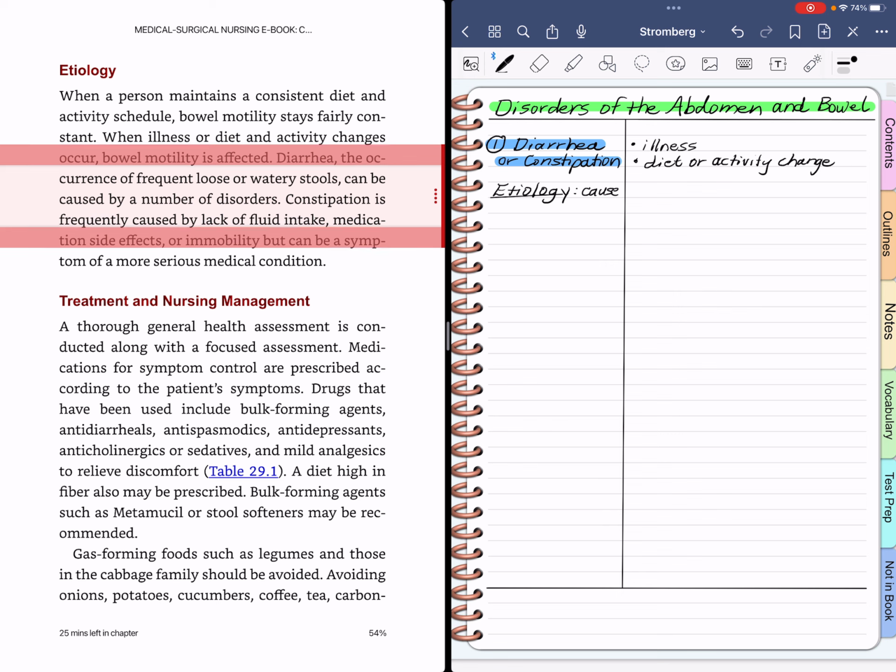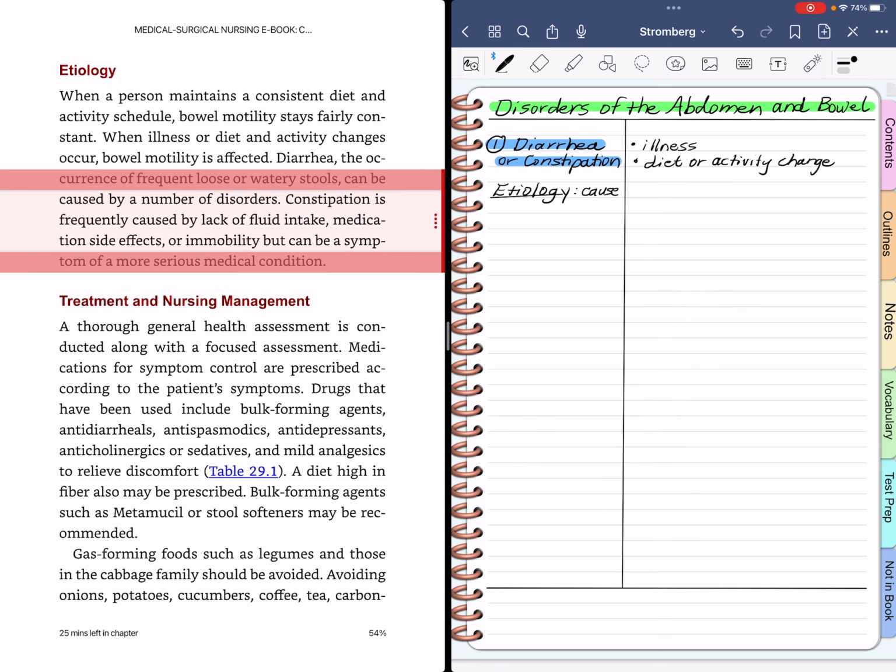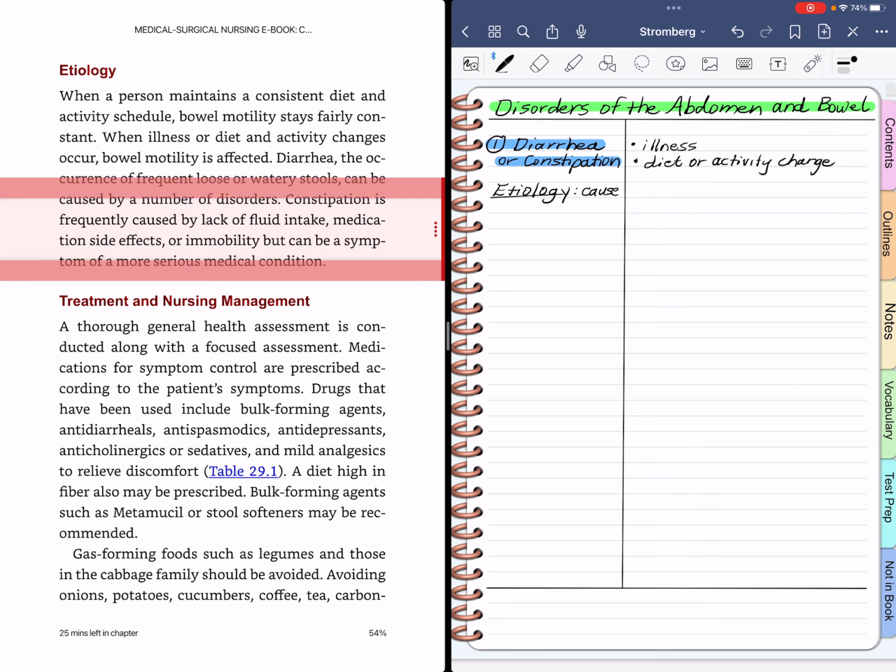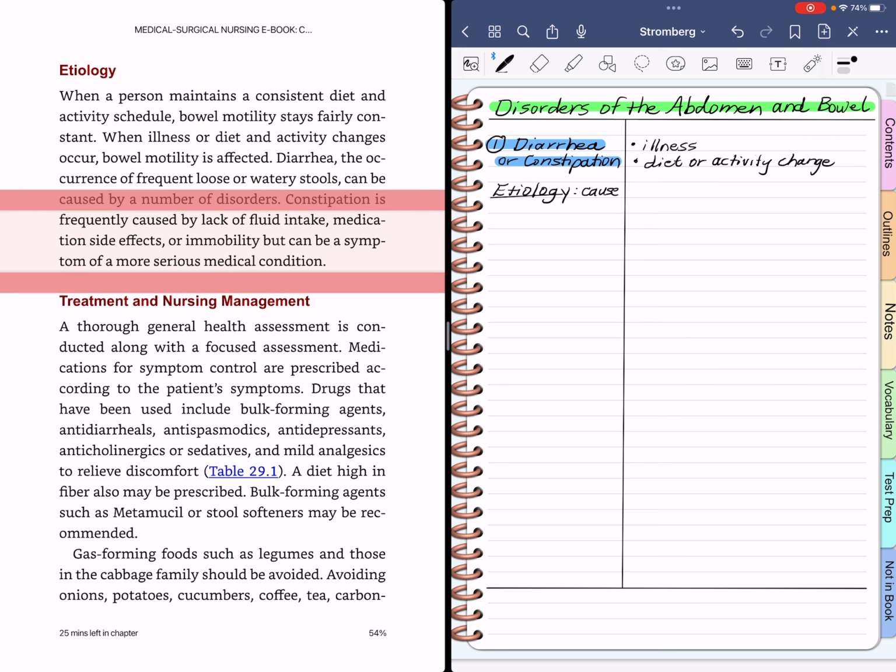Then it goes on to explain that diarrhea, the occurrence of frequent loose or watery stools, can be caused by a number of disorders. So this is where it branches off, and I'm going to say diarrhea is linked to a number of disorders.